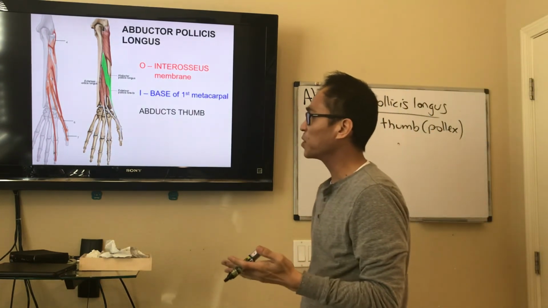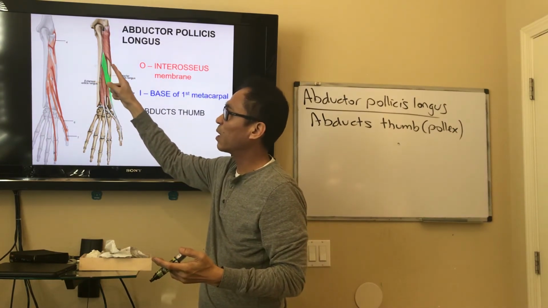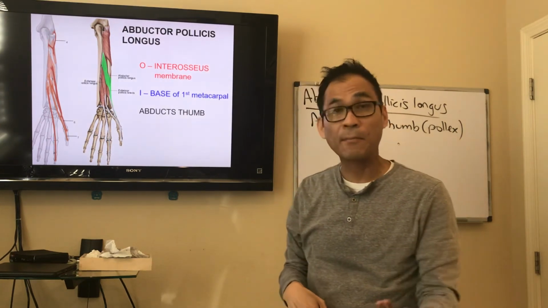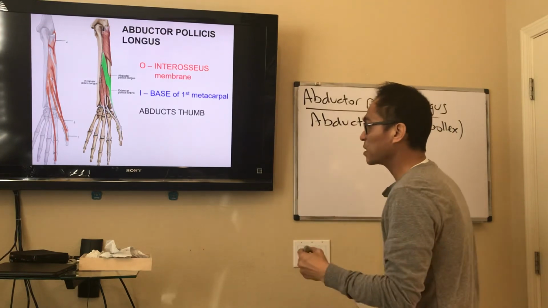I'm just going to say that these originate from a membrane in between the ulna and radius. It's called the interosseous membrane, which means a membrane between bones. The muscle originates on that membrane.